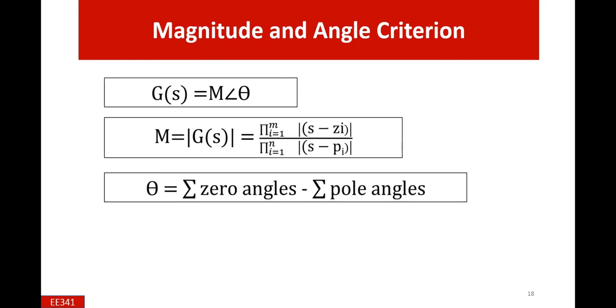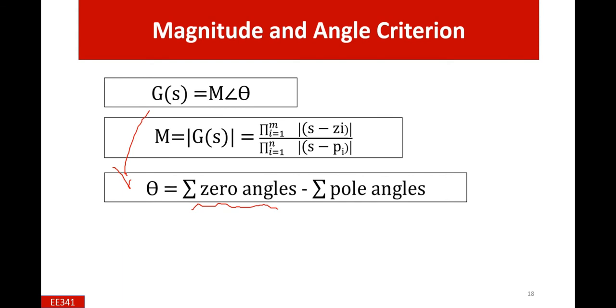Here theta represents the complete angle of this function. If we find the angle of the numerator terms, and these are products, then we can find the angle by adding.